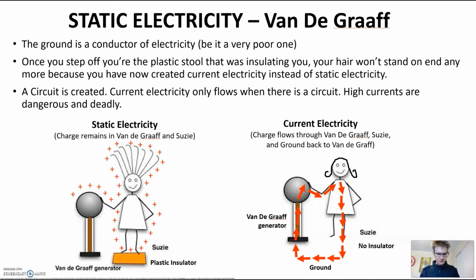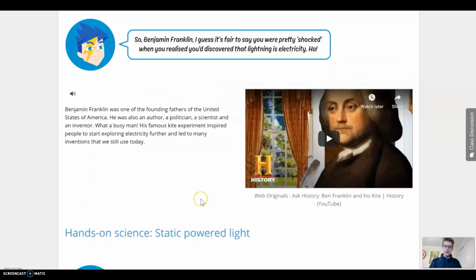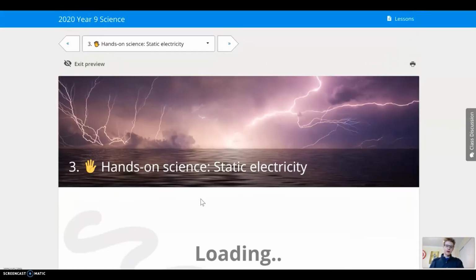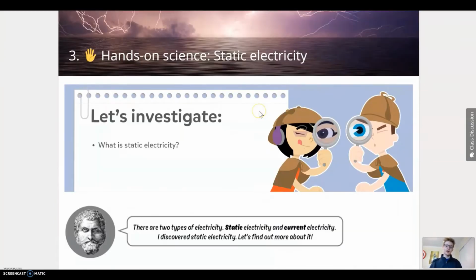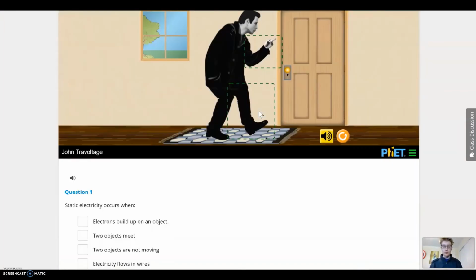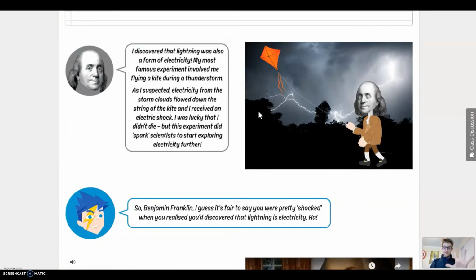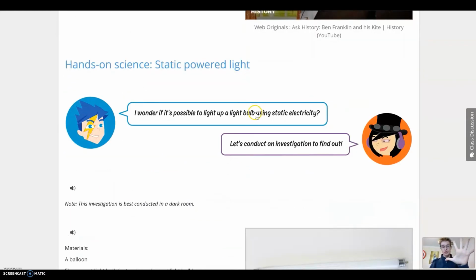Okay, so what we're going to be doing today is a prac that we can do. Those of you who are at home can also do this prac. There are 5 activities mentioned in this prac. You're not going to be able to do all 5.